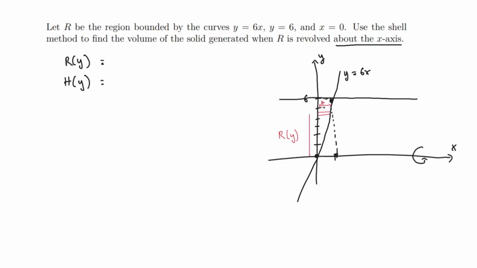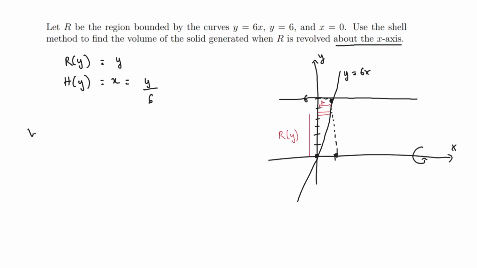The height is x. But what is x equal to? x equals y over 6. And the radius is y. So h of y equals x. I transform x to y over 6 because the integral has to be in terms of y instead of x.